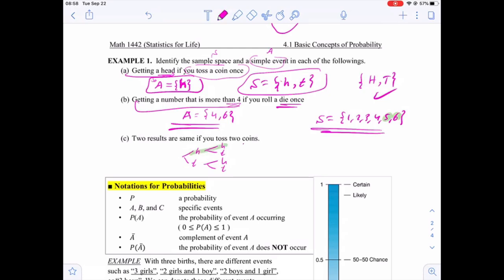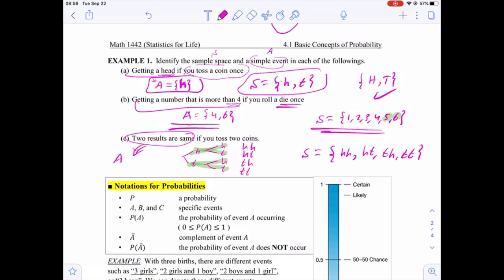So all possible outcomes are head, head; head, tail; tail, head; tail, tail. So these are all possible outcomes. We call them S, or the sample space.